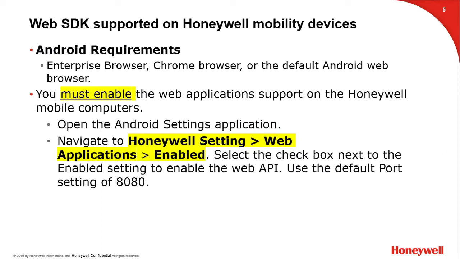To get the unit running, you need to ensure that you have the Honeywell settings web application enabled on the device itself before your web application will run. I will show it to you in a minute, but before that, let's go and download the web SDK.